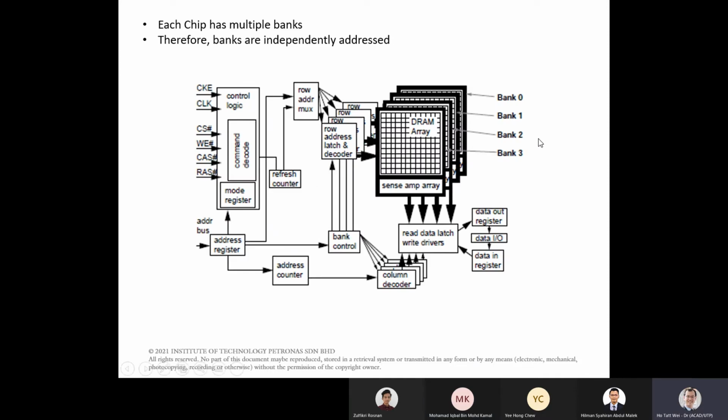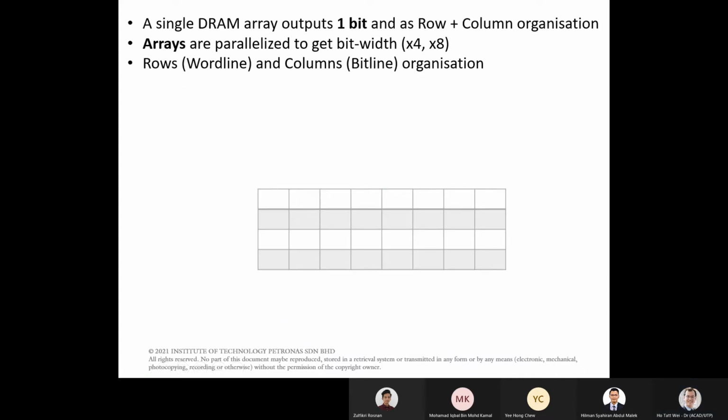Okay. Now, let's be clear. If I have a times 4, that means I have 4 of these DRAM arrays in parallel. That is one bank. Just get that terminology right. That's one bank. Can you understand that? Okay. So when I want to access one bank, it means I'm reading 4 bits at one time.